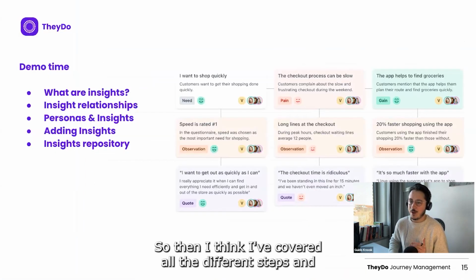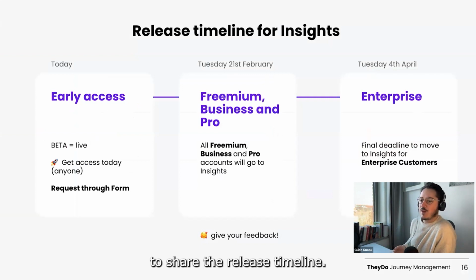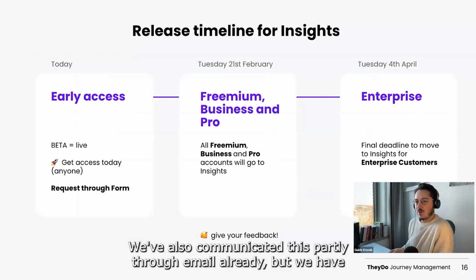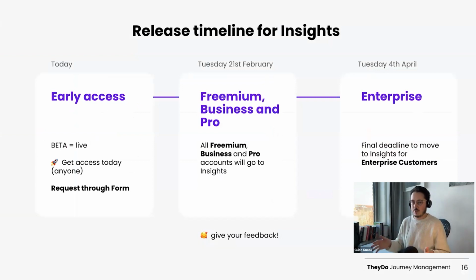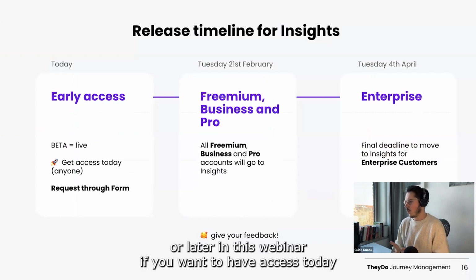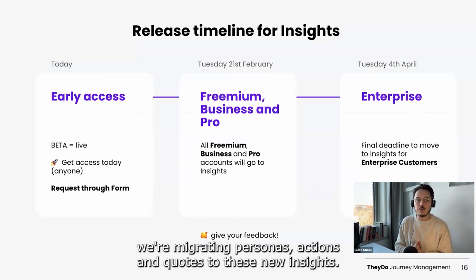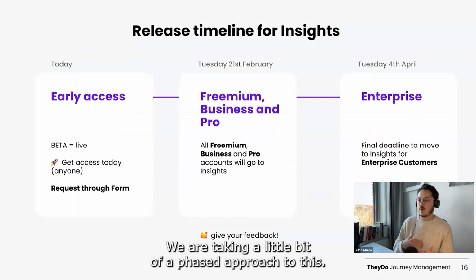So I think I've covered all the different steps, and last but not least, let me quickly share the release timeline. We've communicated this partly through email already, but we have opened early access, so you can request access through a form or later in this webinar. Because we're migrating personas, actions, and quotes to these new insights, we are taking a phased approach.